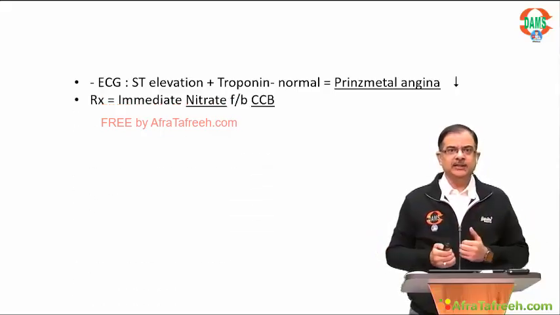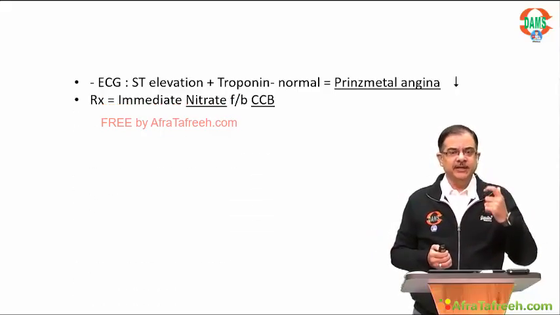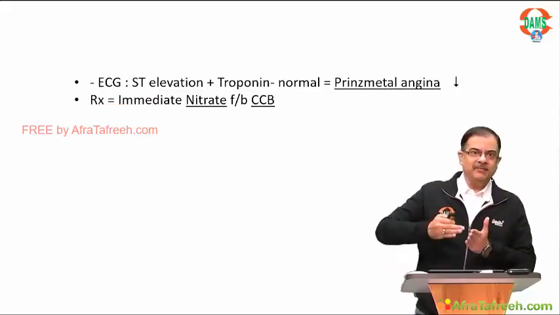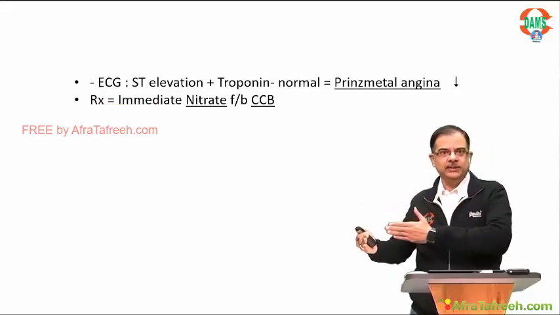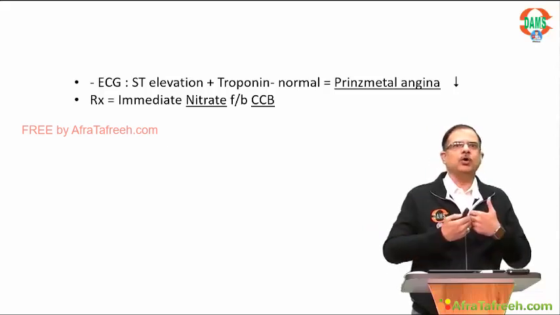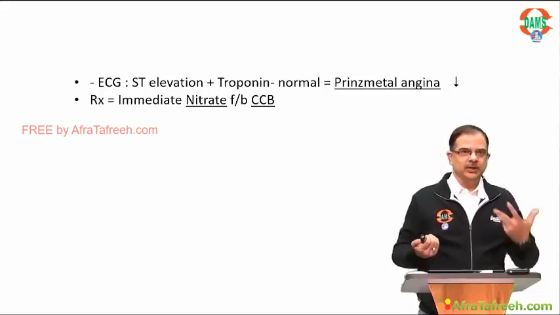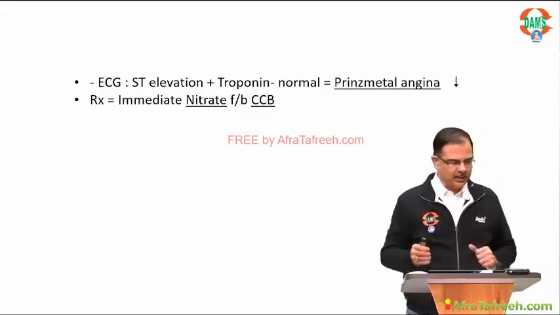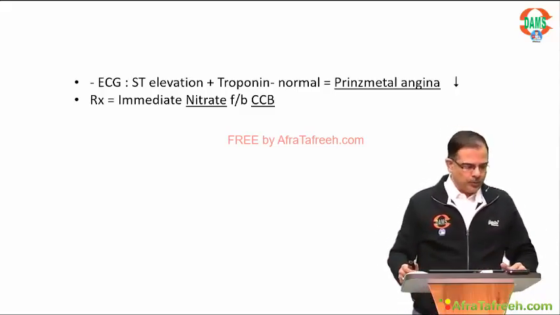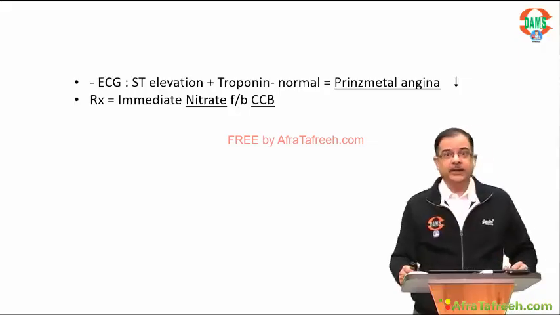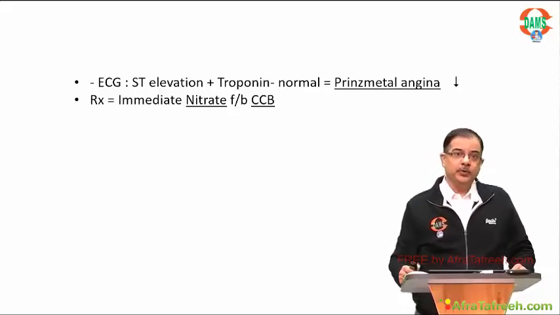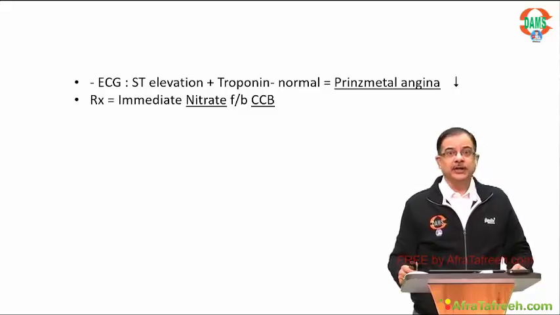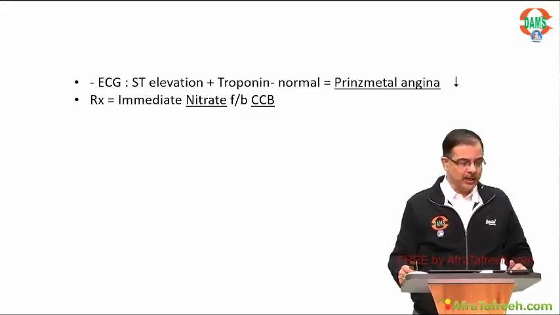These are emergency agents. We give nitrate, and we shift the patient to maintenance therapy with calcium channel blocker or vasodilator agents. So this is the treatment of Prinzmetal angina. Troponin T or I, it does not matter. If any of these is normal, it is angina, not myocardial infarction.